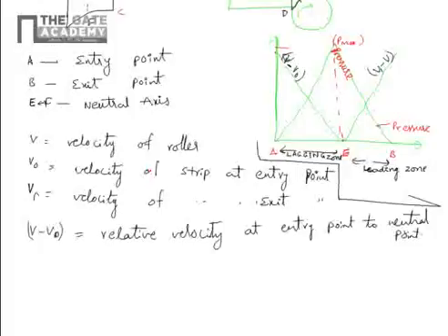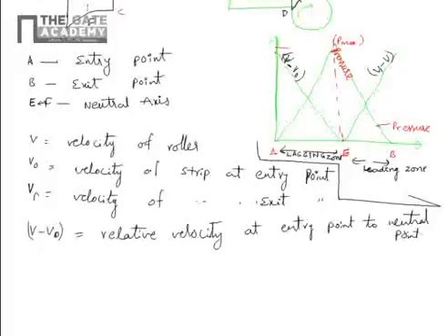In the lagging zone, the pressure increases, and in the leading zone, the pressure decreases from the neutral point to the exit point. And relative velocity is 0 at the neutral point.